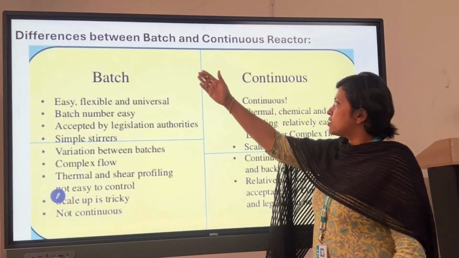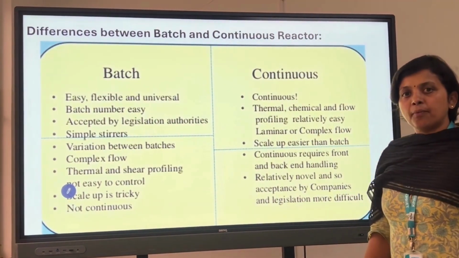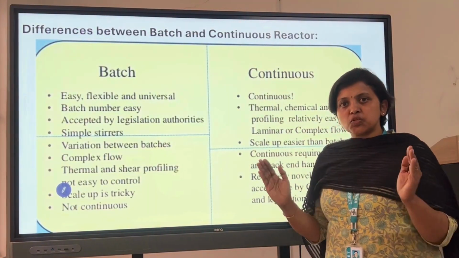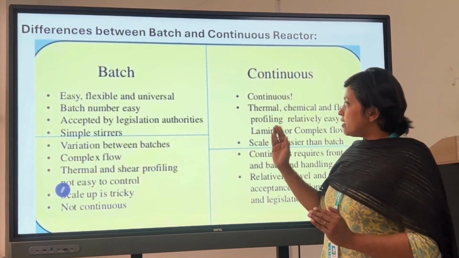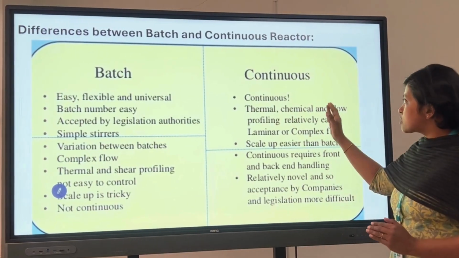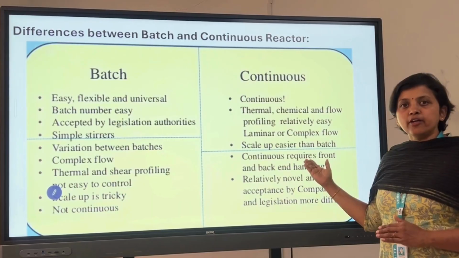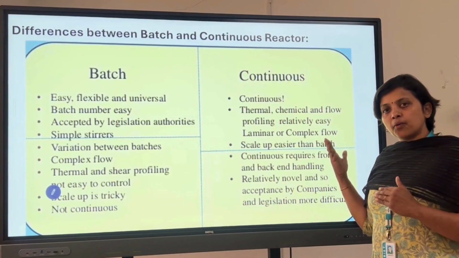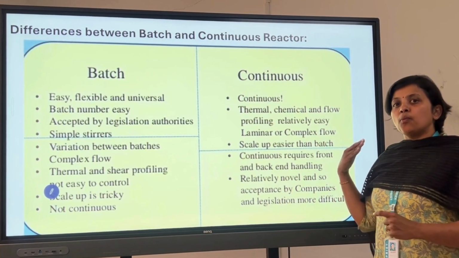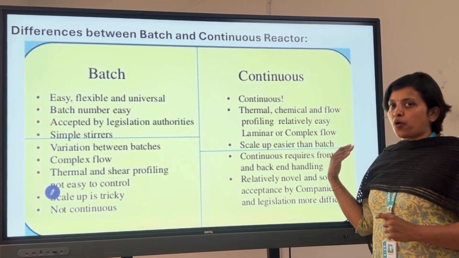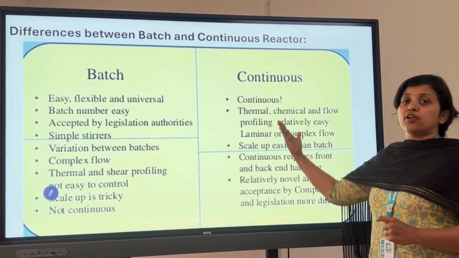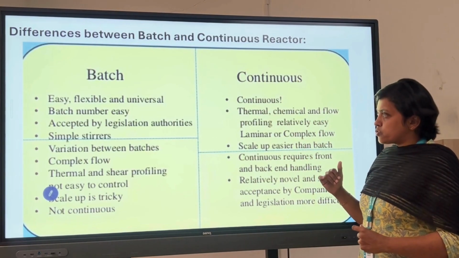Here we can see the differences between the batch reactor and the continuous reactor. The batch reactor is very easy to design, it is flexible, and the conversion is also very accurate. And this continuous reactor is continuous, right? So we can't get a qualitative level like 90%, 98% of the highest assay level product, but we can get a high quantitative level of production in the continuous reactor.